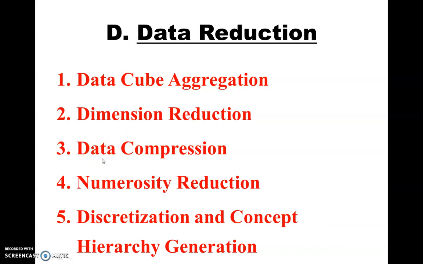Now we'll move on to the fourth data reduction technique, that is numerosity reduction. Numerosity reduction refers to techniques applied to reduce data volume by choosing alternative, smaller forms of data representation.